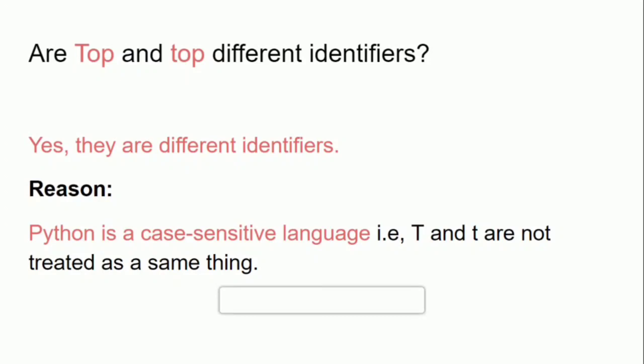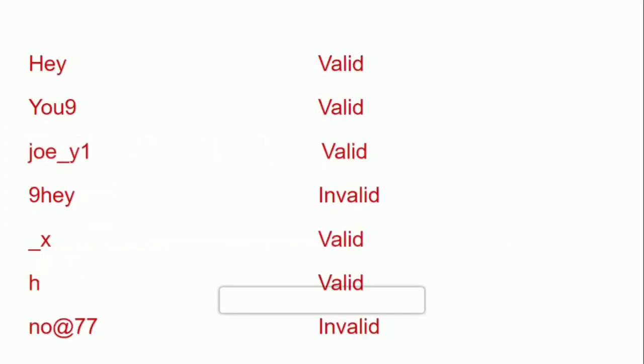Yes, they are different identifiers. Why? Because Python is a case-sensitive language, that is, capital T and small t are not treated as the same thing. Capital T-O-P and small t-O-P are different things. They are not the same things. So these two are different identifiers.